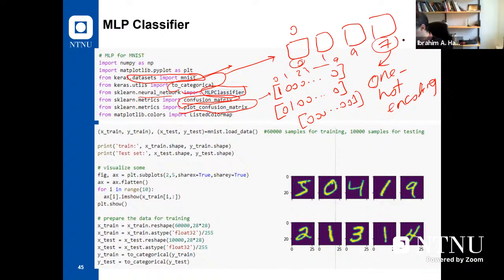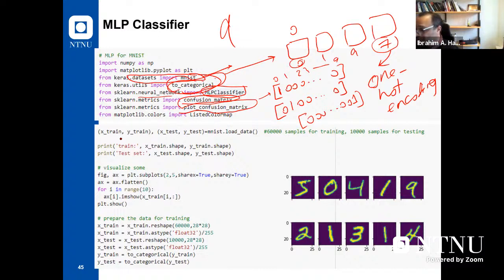Maybe 9 is confused with 7 and 8, because some people write 9 in a way that looks like 8 or maybe 7. So when we use one-hot encoding, the output should be 1 when it belongs to this class, or a number close to 1. It's a probability. Anyway, we will use this function to_categorical to convert all those labels into one-hot encoding.